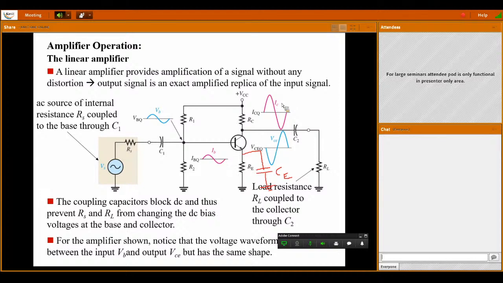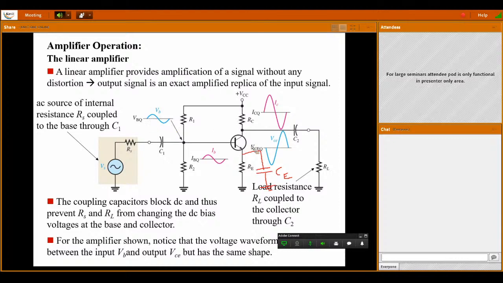So IB and IC are in phase, whereas the collector to emitter voltage VCE is out of phase. Only the collector to emitter voltage has a 180 degree phase shift, or let me define that as the output being out of phase with the input signal.